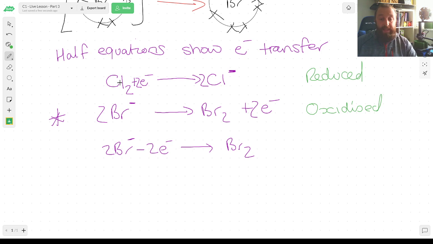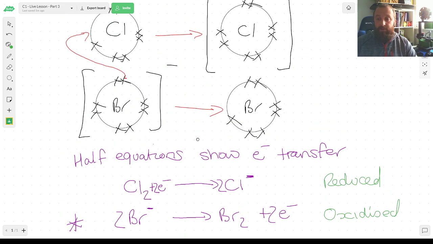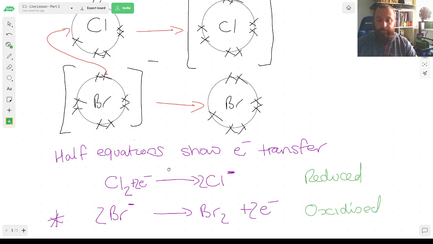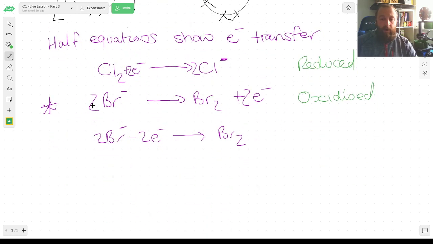So it's 2 atoms, so I need 2 electrons to form 2 ions. And if you go back up to the full equation, you'll notice this should also balance out here. I've got 2 ions here because I've got 2 atoms here. Bromide, and I've got 2 of them, is losing an electron each to form a bromine molecule.